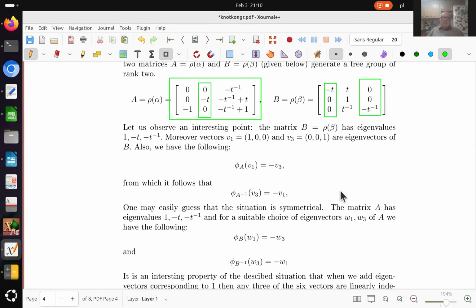But anyway, they still have the same eigenvectors. If you choose eigenvectors properly for minus t and minus t inverse, you will have a similar property as before, that phi b would send W1 to minus W3 and the other way around. So there is a very nice geometrical setting in this case of n equal to 4.